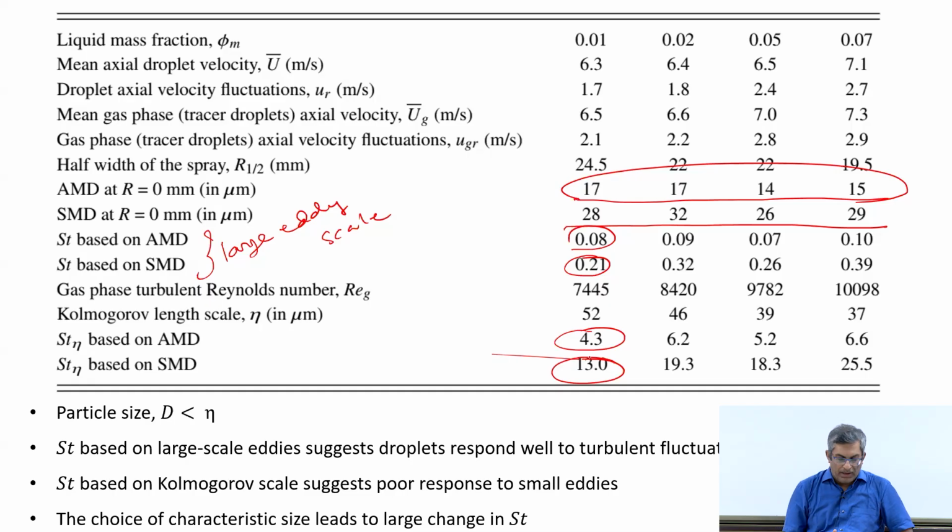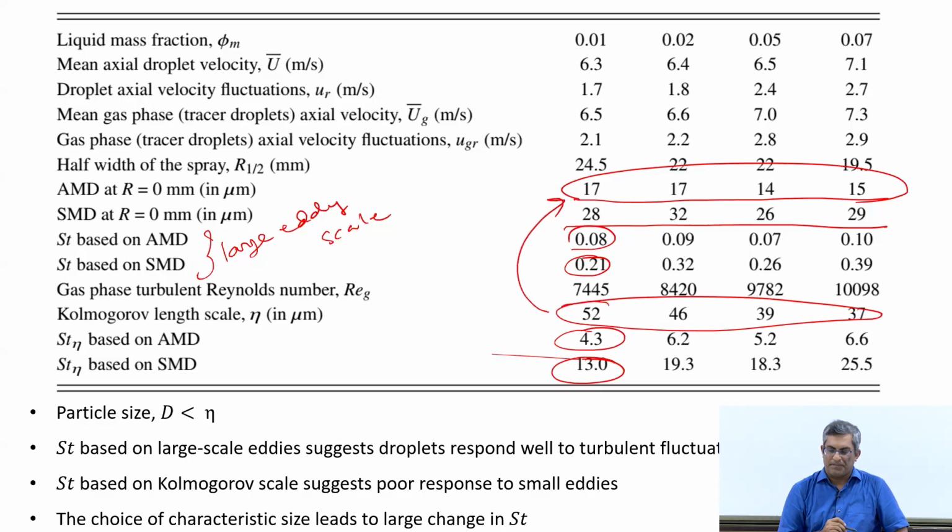One more thing, now you see the Kolmogorov scale and compare it with the particle size. What you see here is that the Kolmogorov scale is larger than the characteristic particle size, but still it is comparable. We cannot consider the particle size to be negligible compared to the Kolmogorov scale. They are comparable. Now this is an important implication when you do modeling.